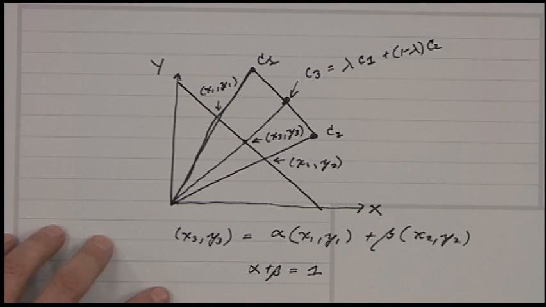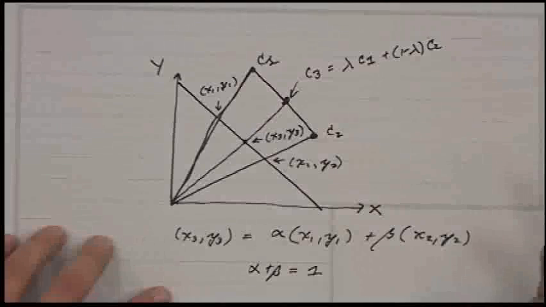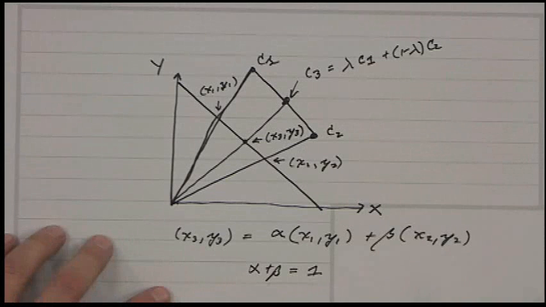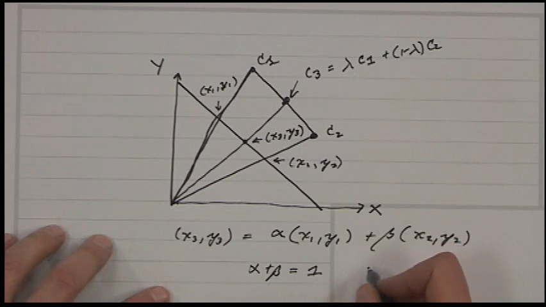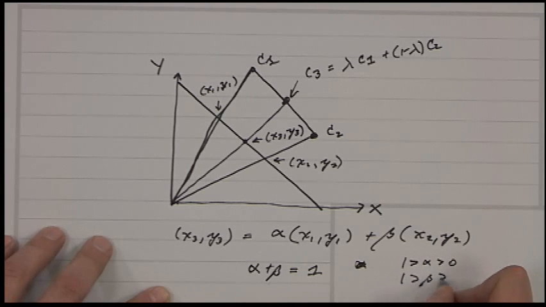So this falls on the line between here and here, formed by a convex combination of them. The other thing is that alpha will be between 0 and 1, and beta will also be between 0 and 1.